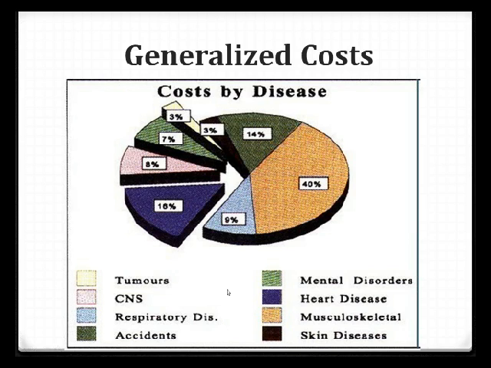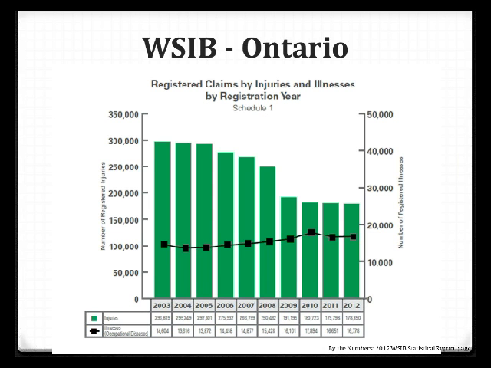So this pie gets sliced very differently when we start to add in what is happening with respect to the occupational disease arena. If I take a snippet from our own Ontario scene, which is the Workplace Safety and Insurance Board, and we look at 2012, we can see that overall there were 195,000, almost 200,000 registered claims with the Workplace Safety and Insurance Board in Ontario.